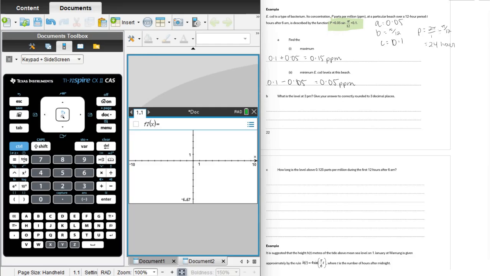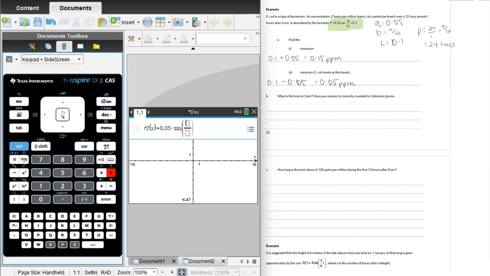But we're going to write our function in here. So we've got 0.05 times sine, and in our fraction, we're going to need pi times x. So remember, because x is the one that's defined in your calculator, you just replace any variables with x, and then plus 0.1. Now it's going to look like this to begin with, and that's just because our axes scales just aren't quite right.